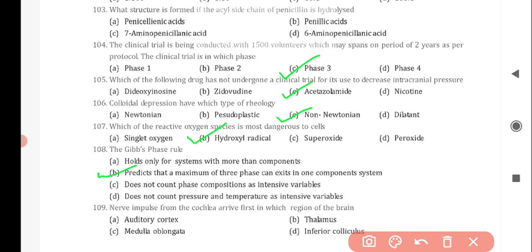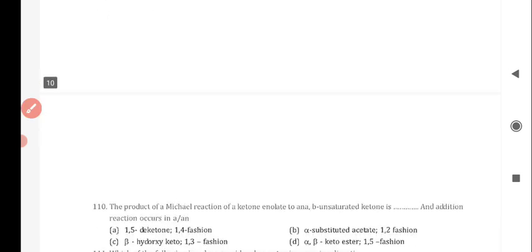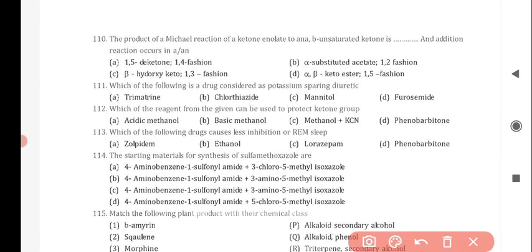Next question is, nerve impulse from the cochlea arrives first in which region of the brain? And the correct answer is option C, medulla oblongata. Next question is, the product of a Michael reaction of a ketone enolate to an alpha, beta unsaturated ketone is dash, and addition reaction occurs in dash, and the correct answer for this question is option A, that is 1,5-diketone and 1,4-fashion.